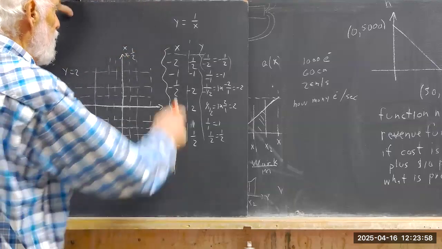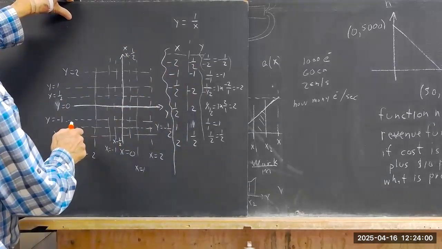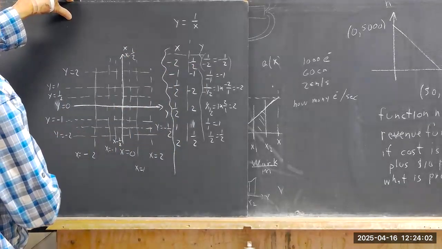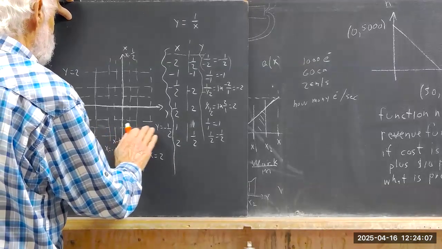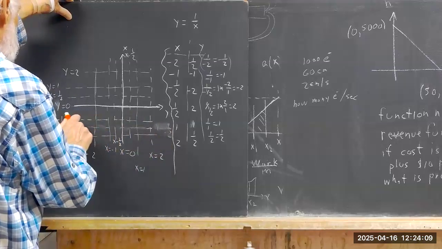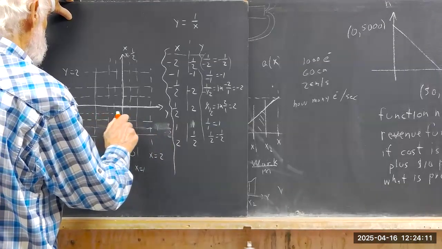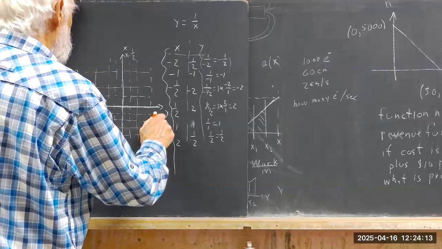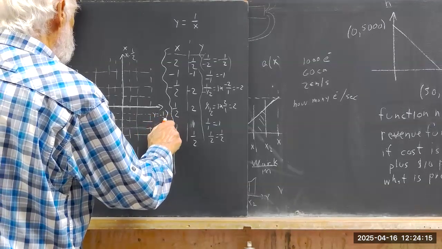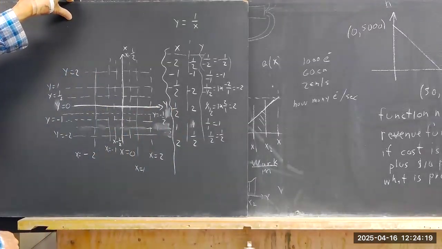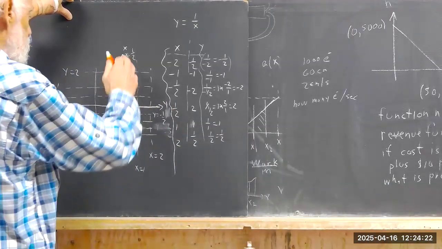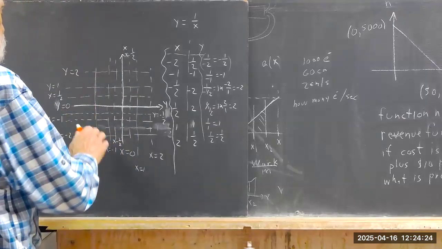Now I can plot my points. Negative two, negative one half. Uh-oh. Oh, man. See what I did there? That wasn't going to work. Y equals negative one half is here. Got carried away, moving downward.